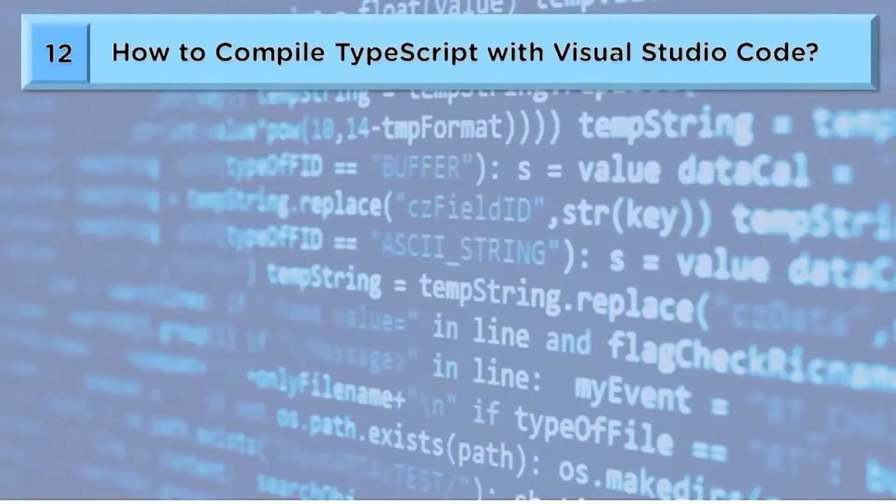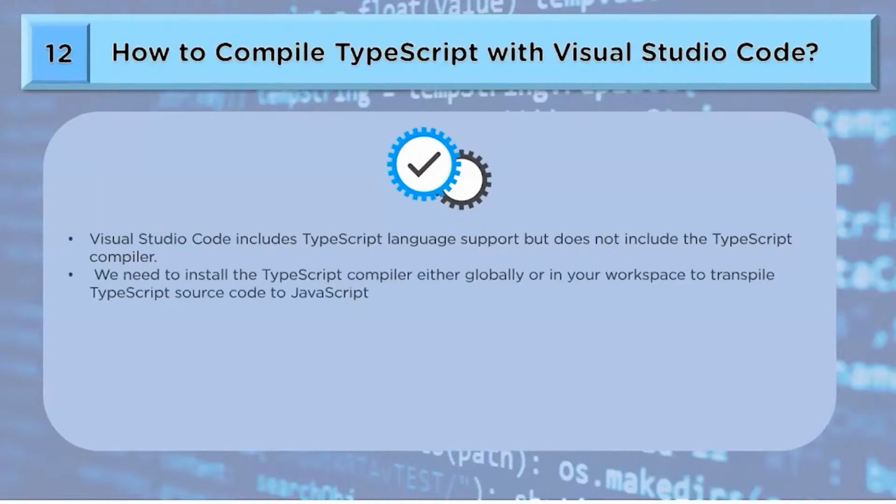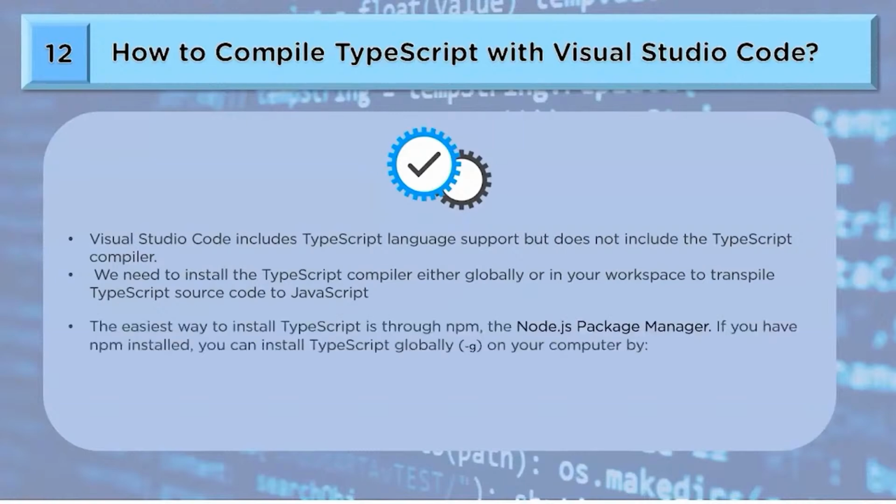How to compile TypeScript with Visual Studio Code? Visual Studio Code includes TypeScript language support but does not include the TypeScript compiler. We need to install the TypeScript compiler either globally or in our workspace to transpile TypeScript source code to JavaScript. The easiest way to install TypeScript is through the Node Package Manager.